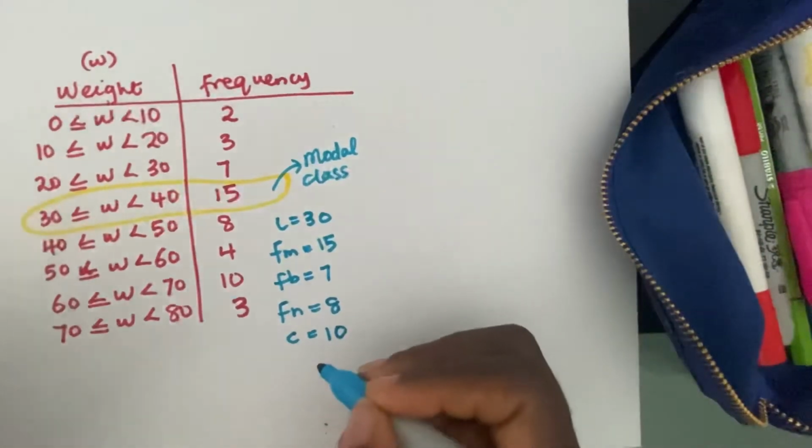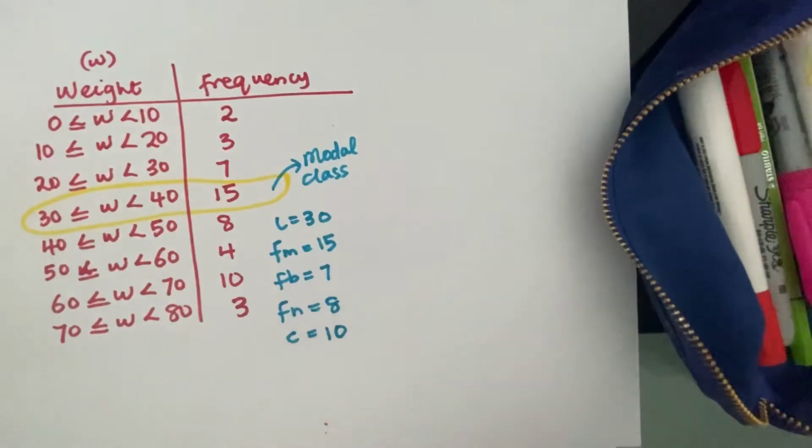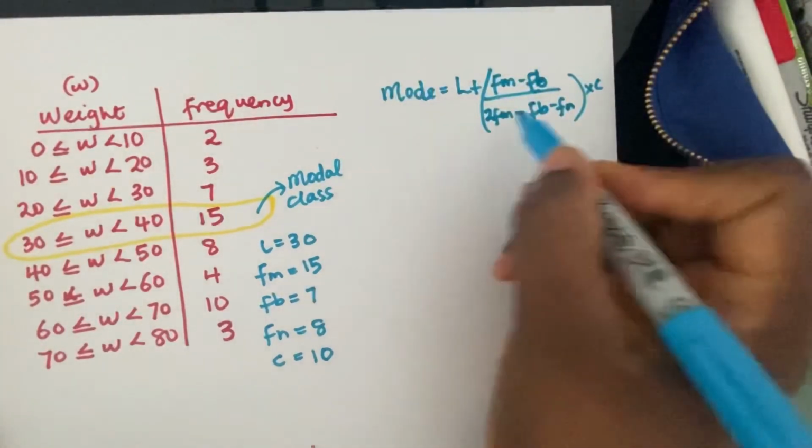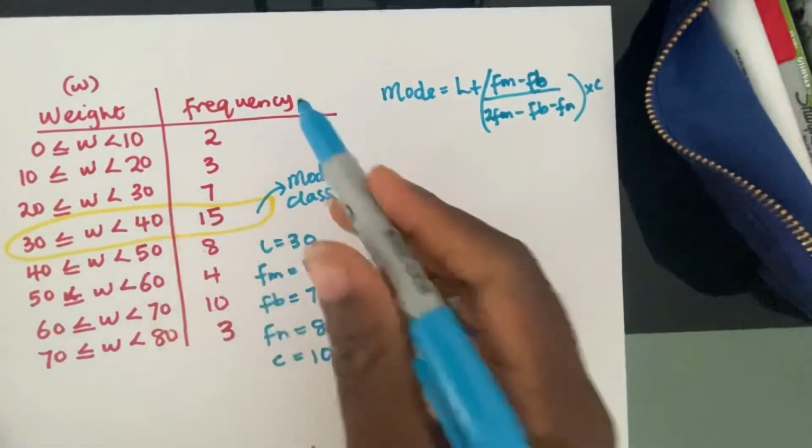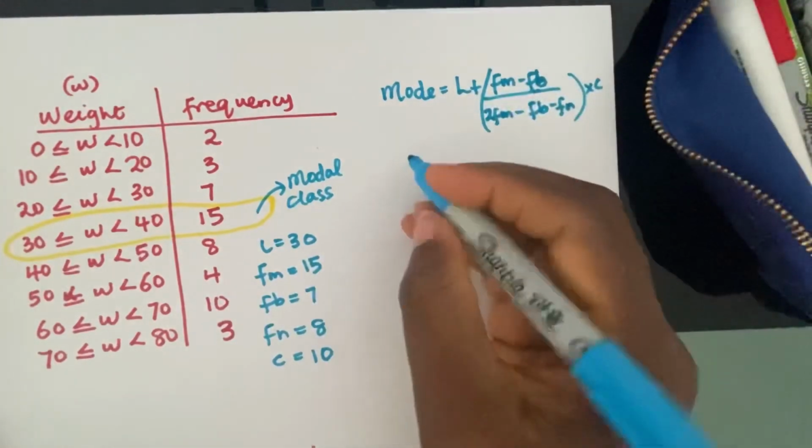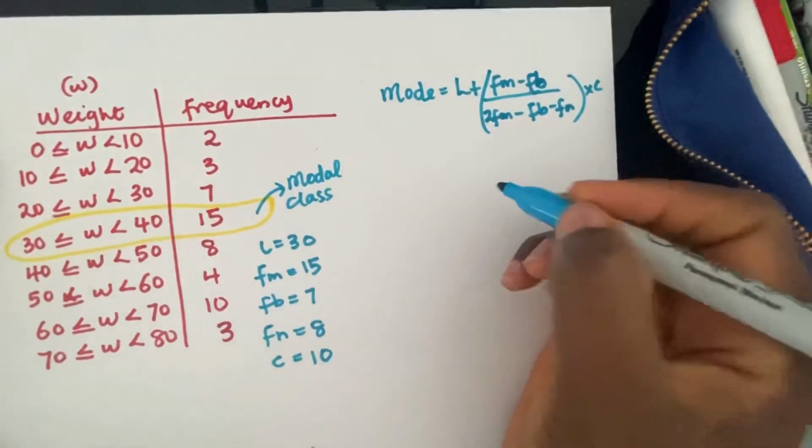Now let's put that all into the formula and see what we get. We've got all the information that we need. Let's just do some substitution now and put that into our calculator and get the answer.